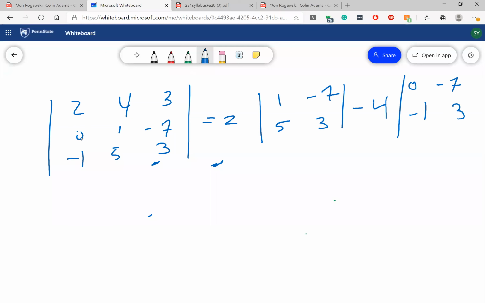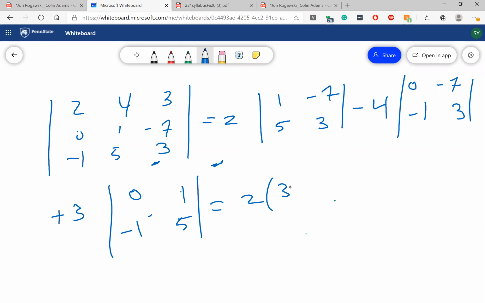For the 4, we go there, 0, -7, -1, 3, plus 3 times the determinant of 0, 1, -1, and 5. So this is going to be equal to 2 times 1 times 3 minus, but then there's a minus here, so that becomes a plus, 7 times 5.